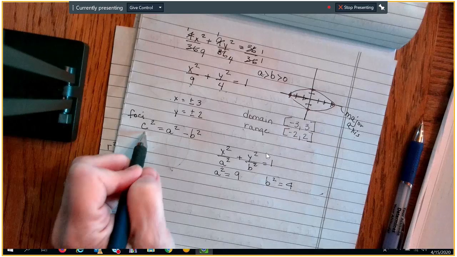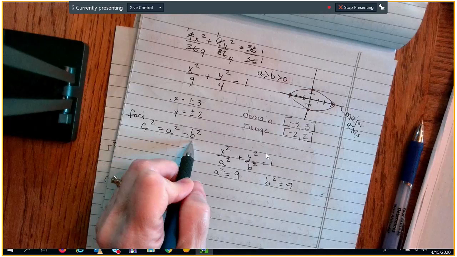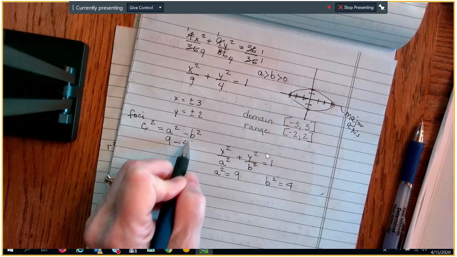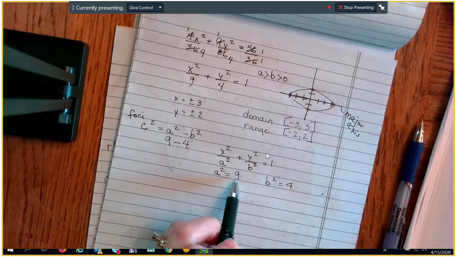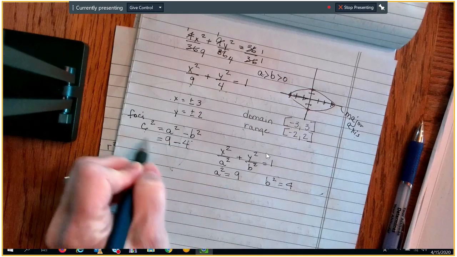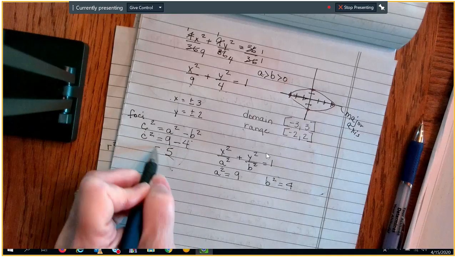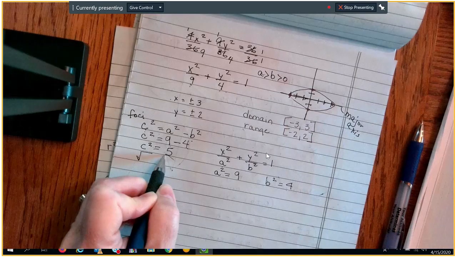And the equation says that c squared equals a squared minus b squared. So we're going to have 9 minus 4. I'm not squaring these or taking the square root. I'm taking their actual value. Equals c squared. 9 minus 4 is 5. And that's c squared. I'm going to take the square root of both sides.